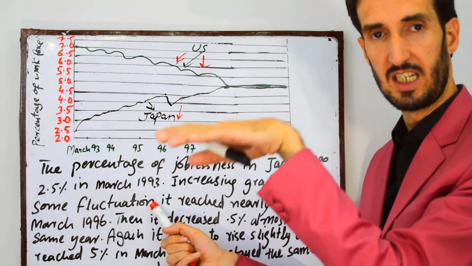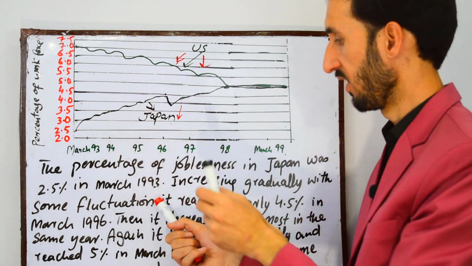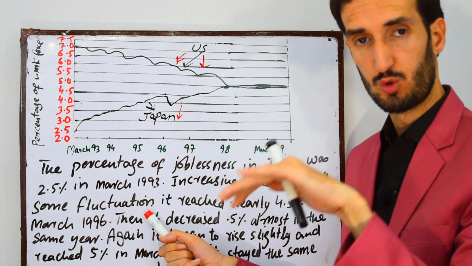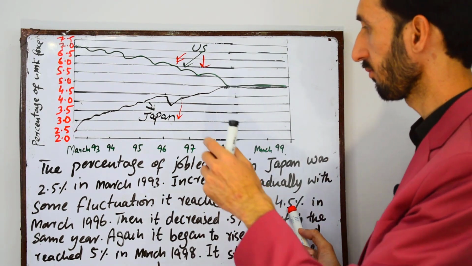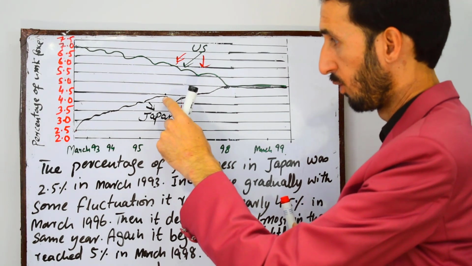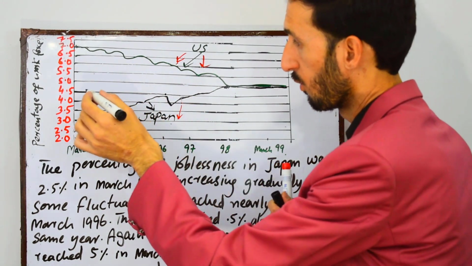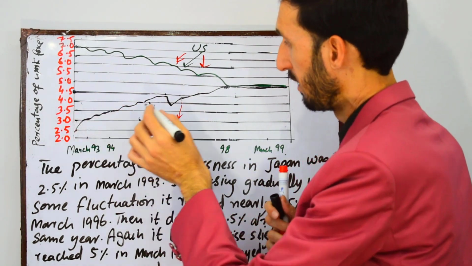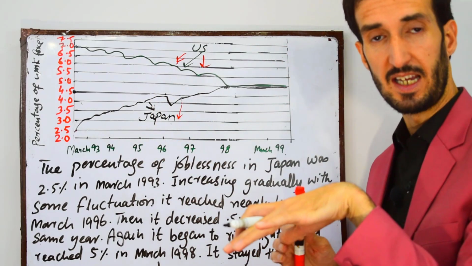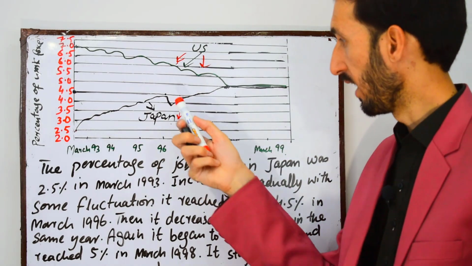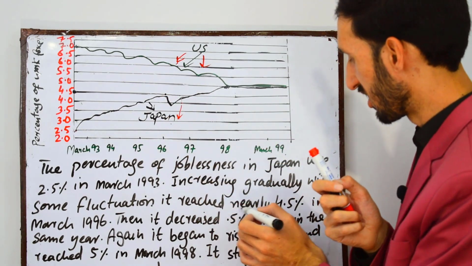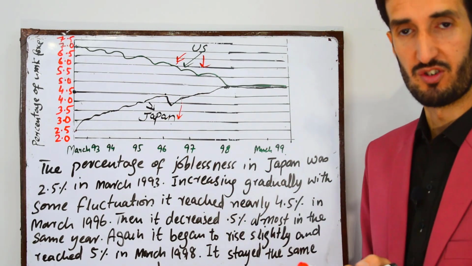It went like this. Right? So that's why I've used the word with some fluctuation. It reached nearly 4.5%. You know, this is 4.5%, but it didn't hit the same line. It is below the line. So I've used the word, it reached nearly 4.5%.